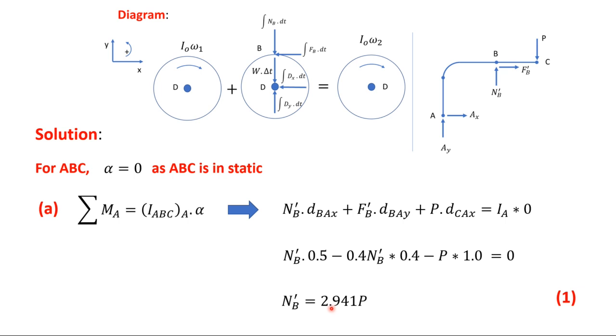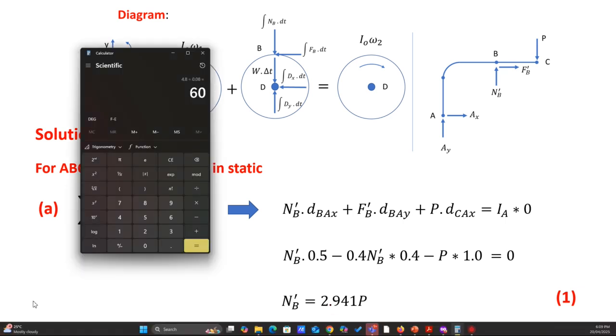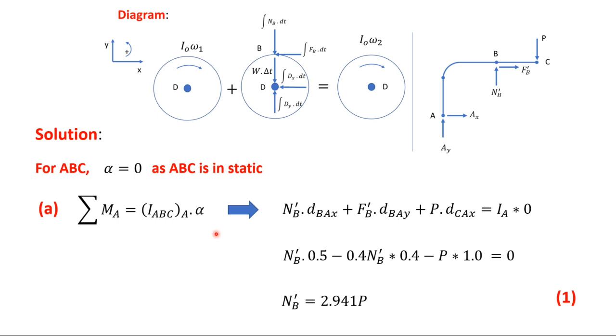So if I multiply the value I just got here, okay, I'm going to divide it by the 2.941. I will get the value of 20.4. Okay, so I'll continue with the solution as normal, but I'll just show you how we got these figures.